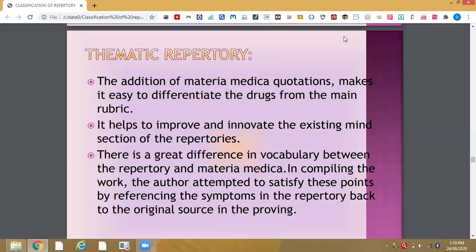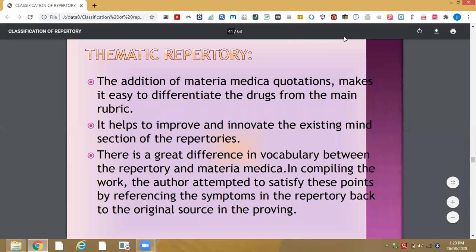Okay, then thematic repertory. The addition of materia medica quotation makes it easy to differentiate the drugs from the main rubric. So how, with the help of materia medica, can we differentiate the drugs? We can differentiate one medicine from the other medicine.